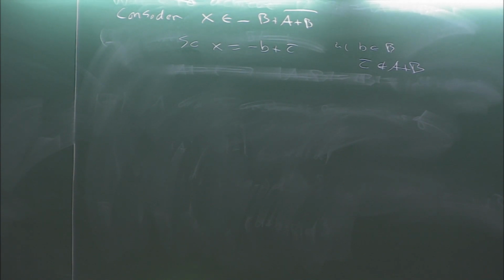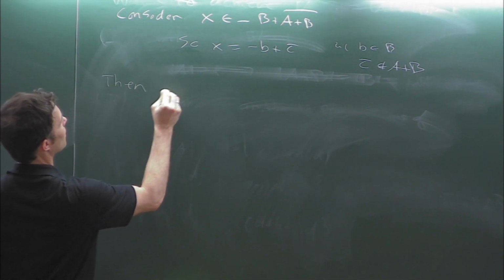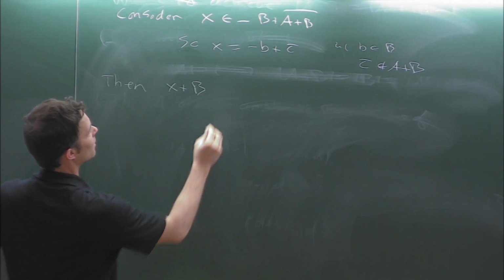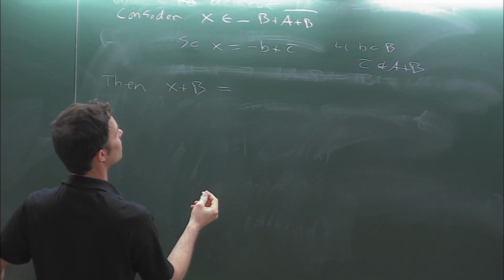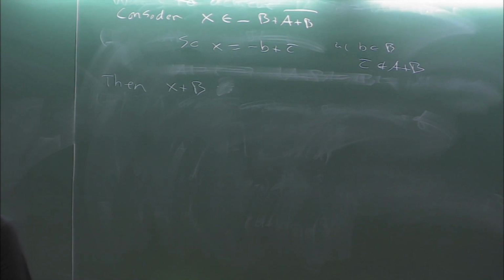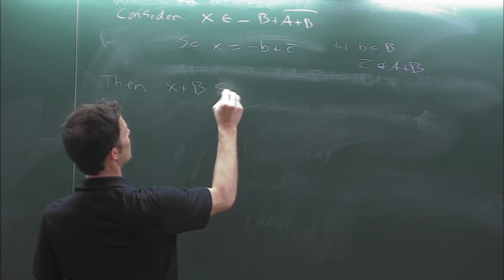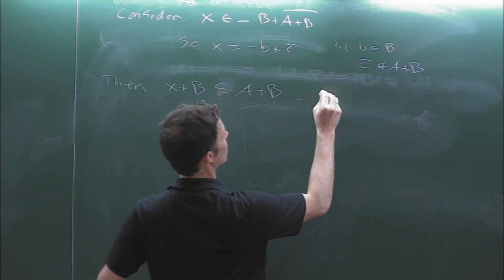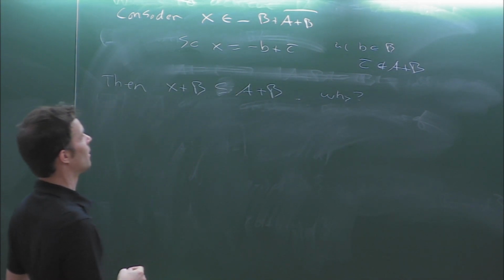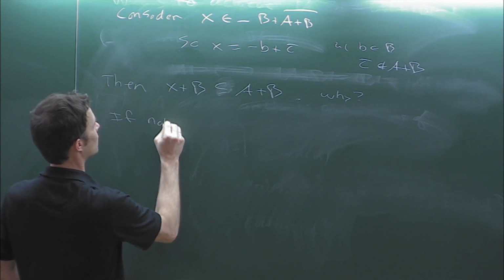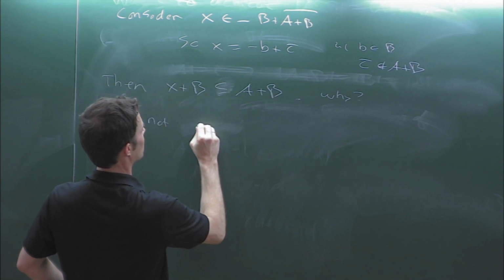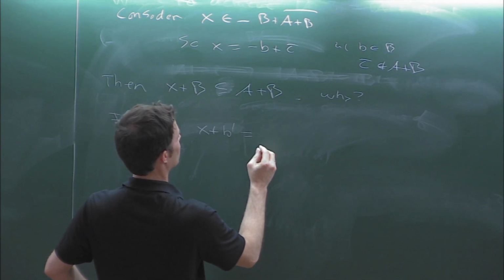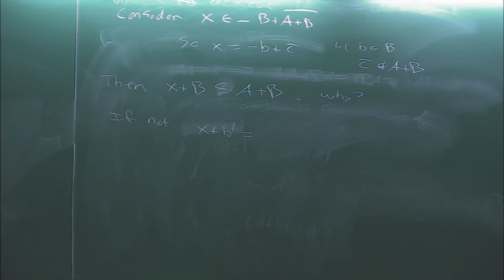All right, let's see when we add this to B. This should be contained inside the complement of A plus B. Why? If not, x plus b prime, sorry, I want the opposite here.